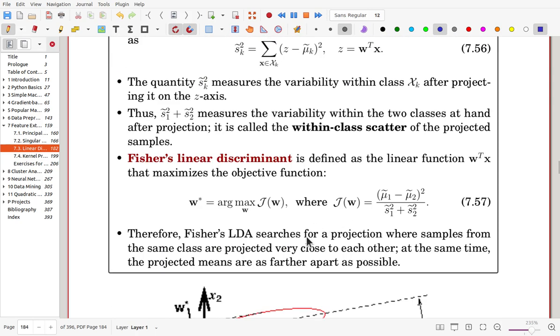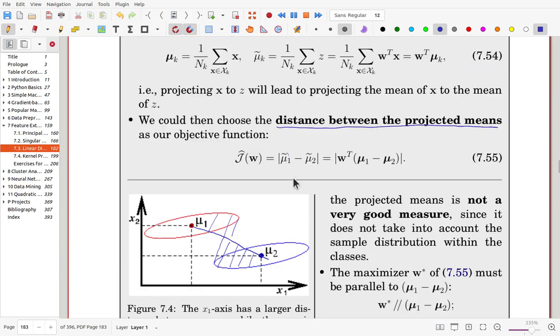Now, rather than maximizing just the distance itself, it's normalized by the within class scatter. Maximizing the absolute value is the same as maximizing its square.